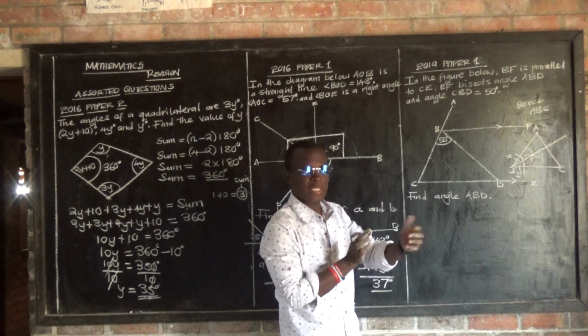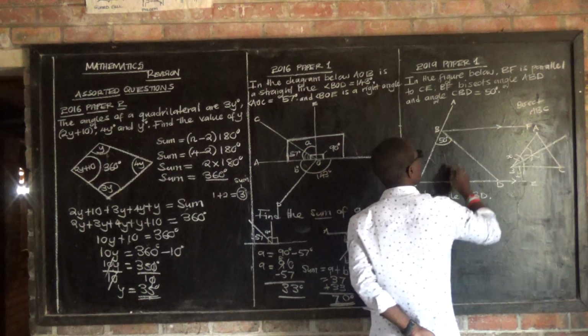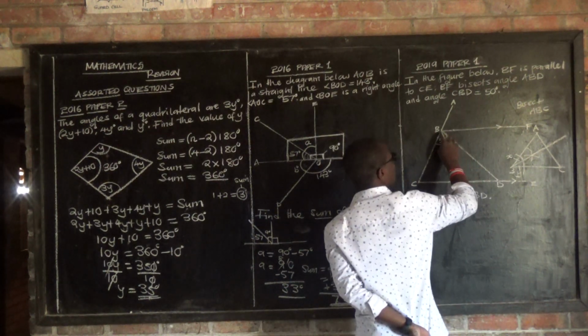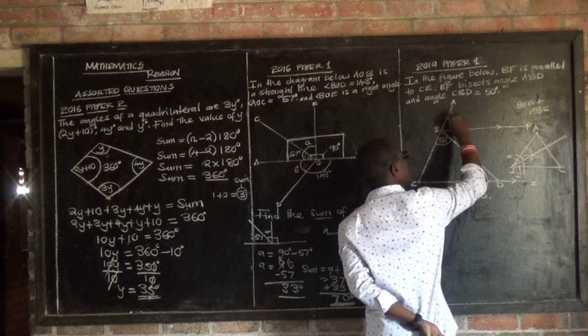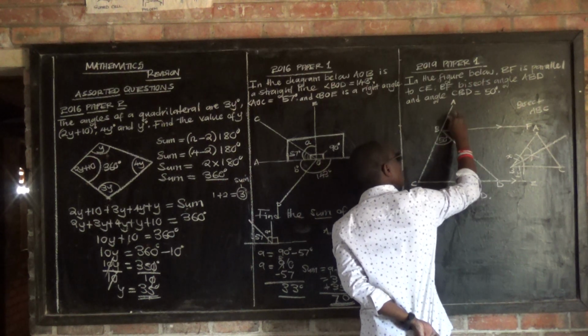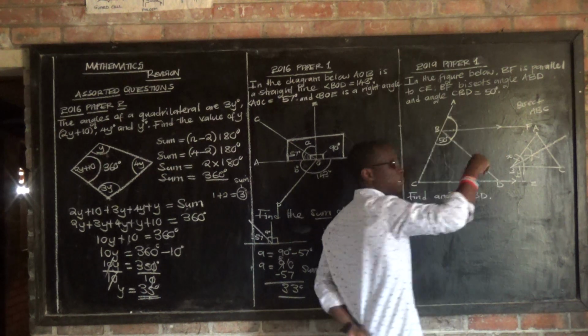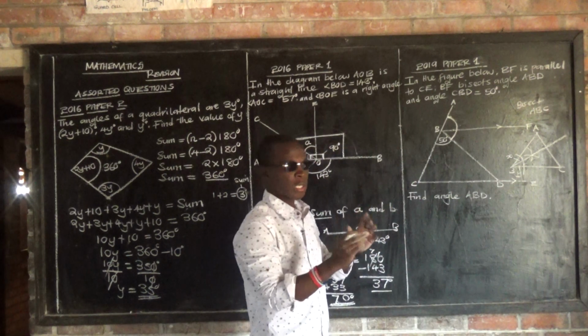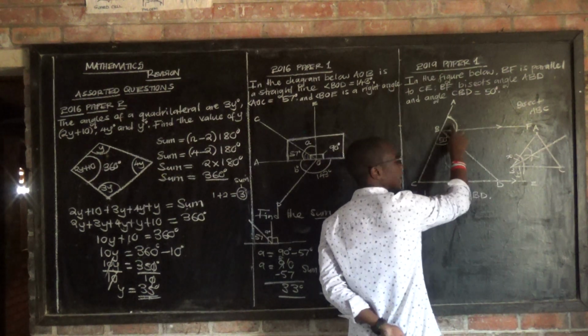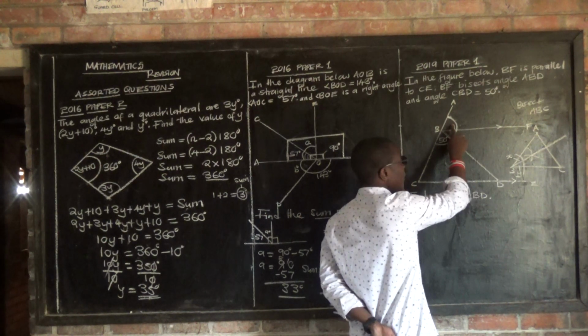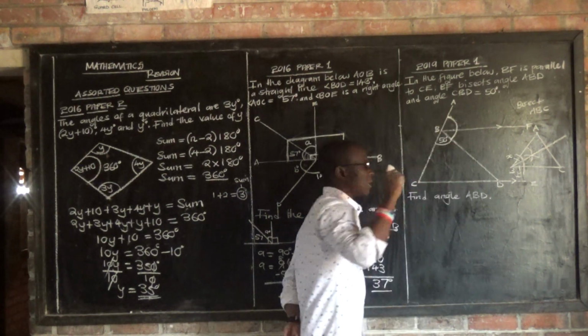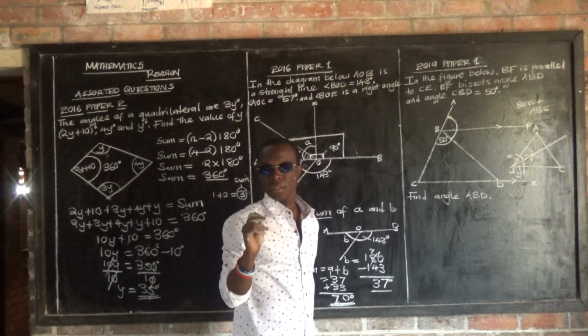Are we together? If they say BF bisects this angle, it means this angle has been divided into two equal angles. So this and this are equal.